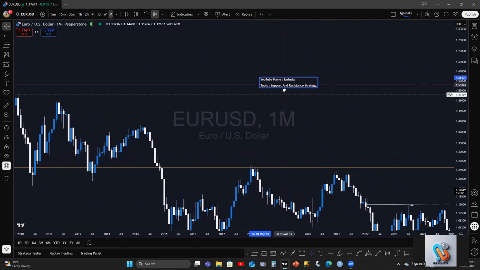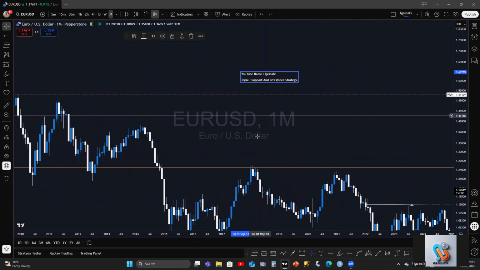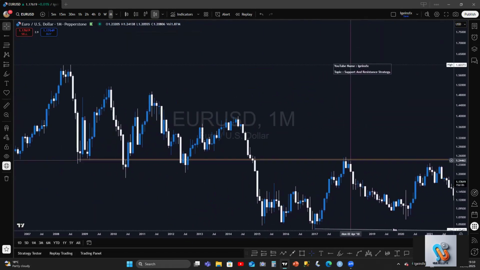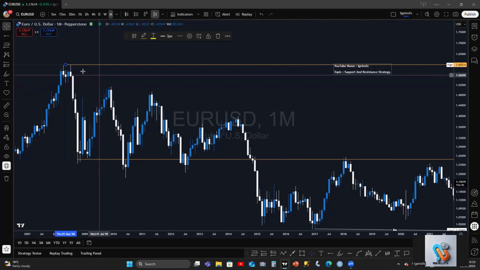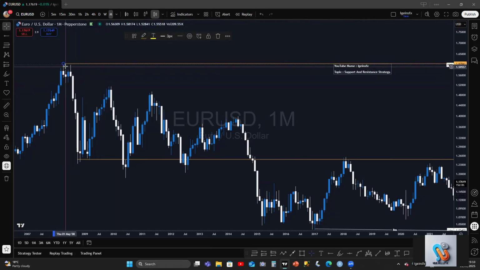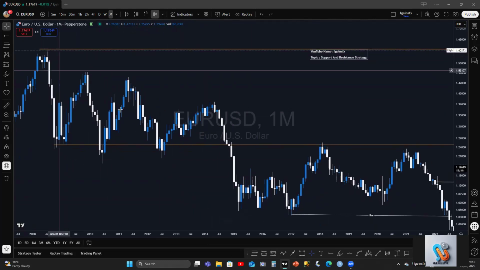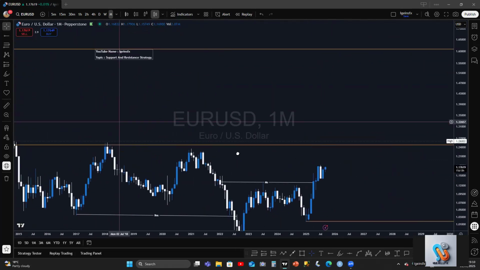Now, what we need to do next is, okay, we are going to mark this place because this is the high here, the high where this move originated from.